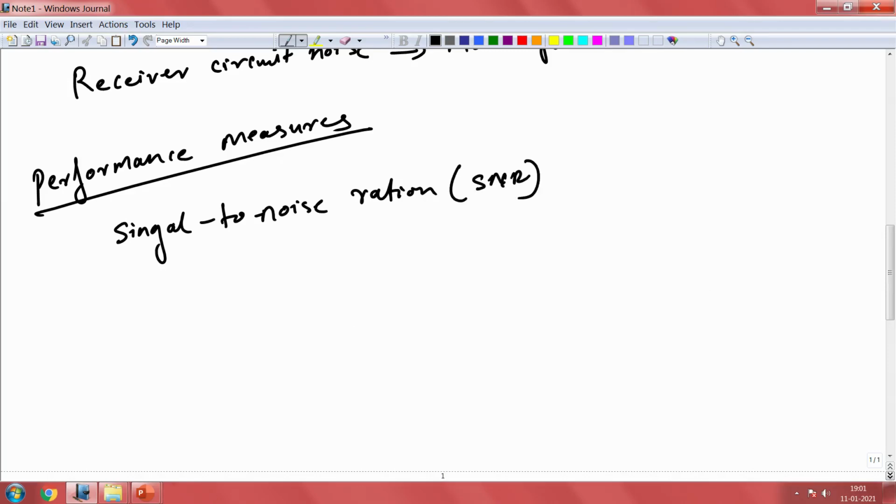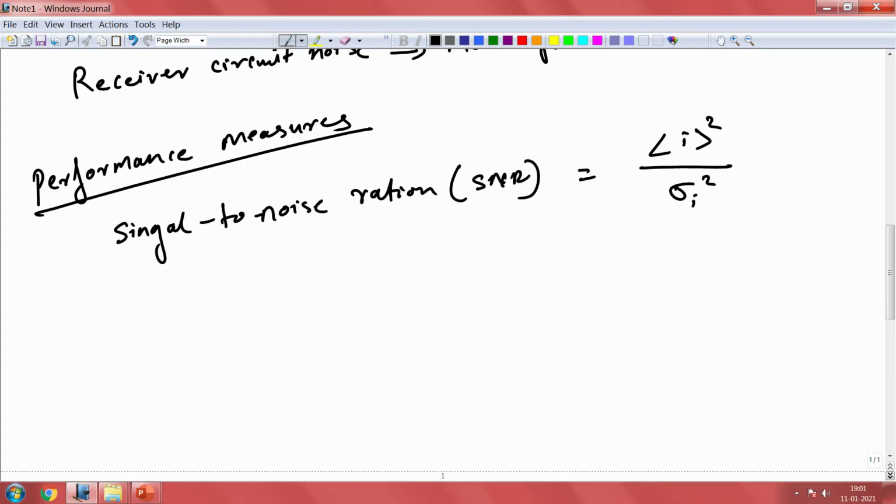This is nothing but the ratio of the square mean to its variance. So your SNR is nothing but the current mean square to variance square. So, this is basically your signal to noise ratio.